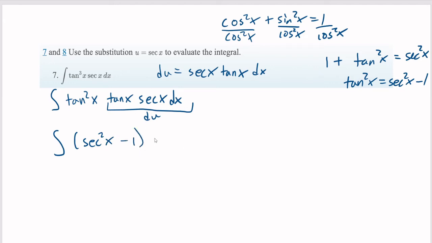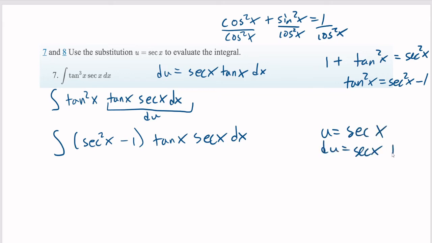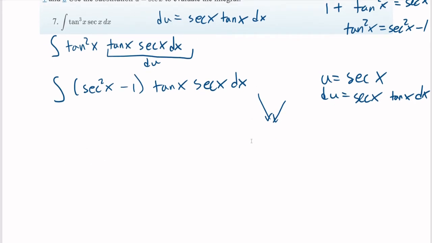And then this whole chunk here, I'll rewrite it in x's, but remember, that's going to turn into our du. So, just to rewrite it, u is secant. Du is going to be secant x tan x. And when I do the substitution, bring these together, which I'll actually do over here for space issues.